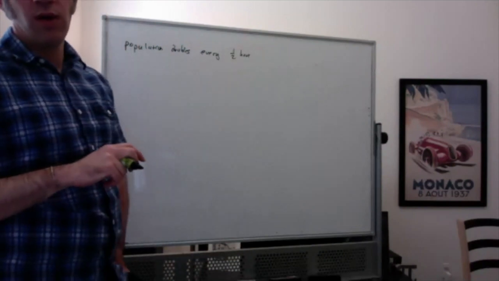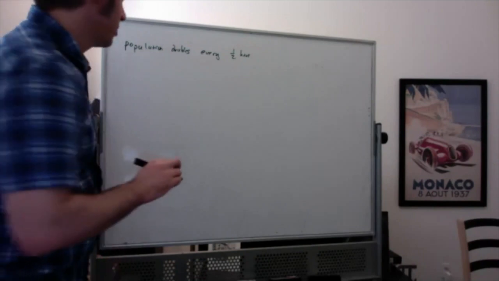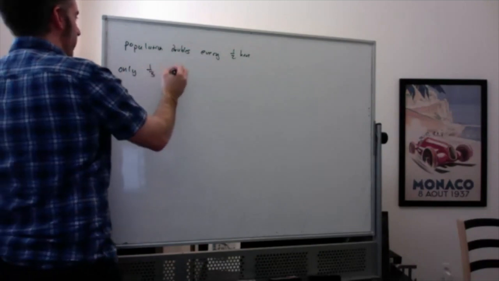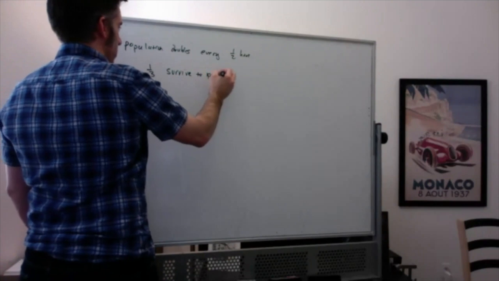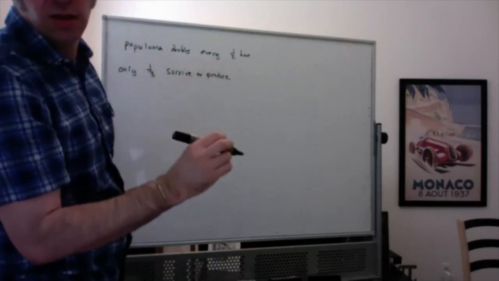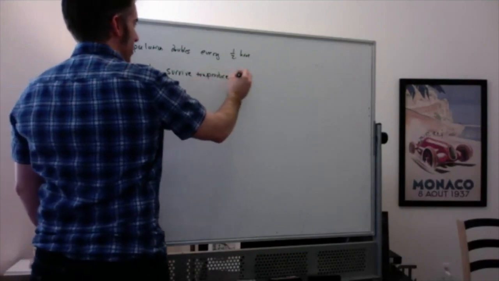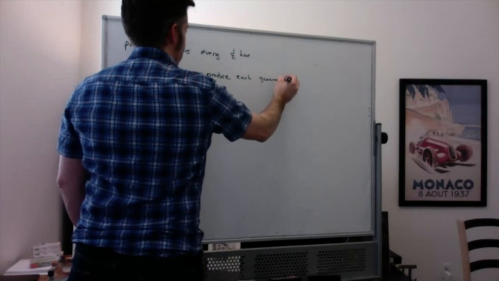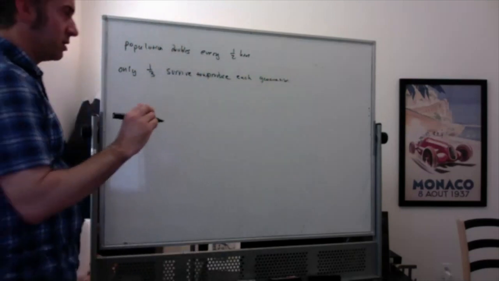Suppose that only 1/3 of the bacteria survive to reproduce each generation. And the initial population is 1,000 bacteria.